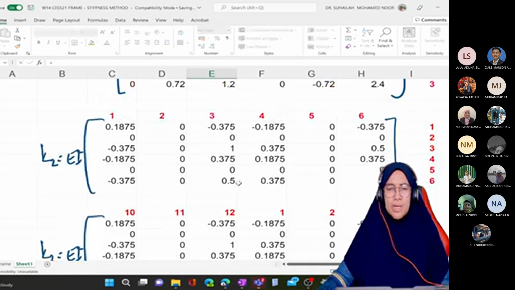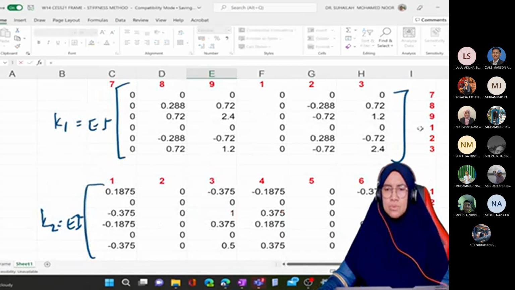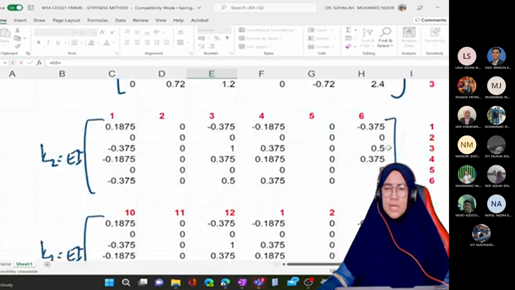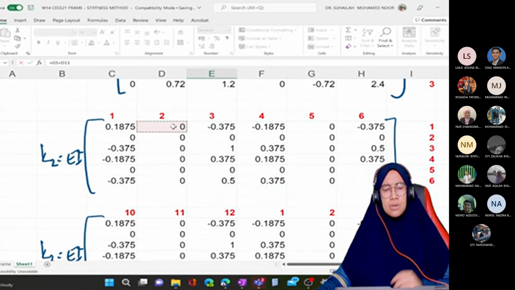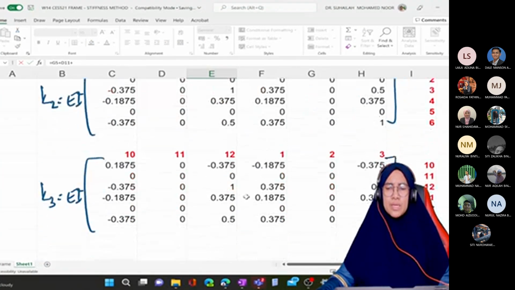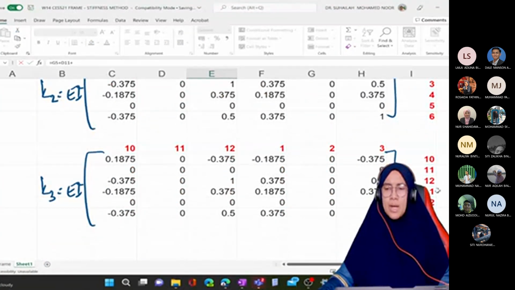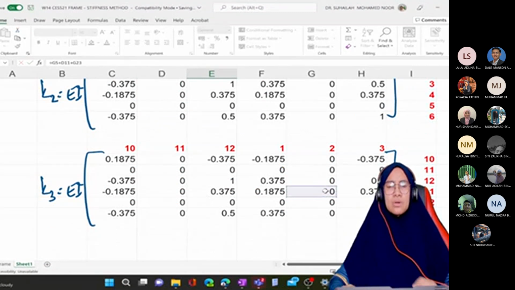Next position is 1, 2. 1, 2 in K1 is 0, 1, 2 in K2 is 0, and 1, 2 in K3 is also 0.